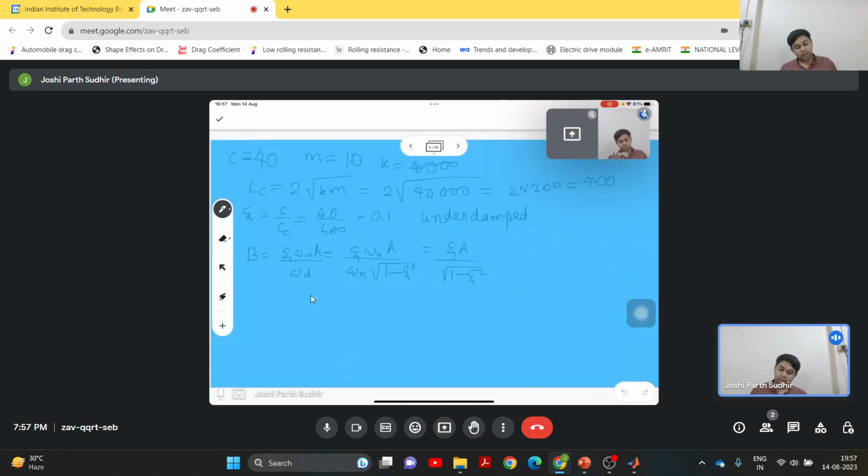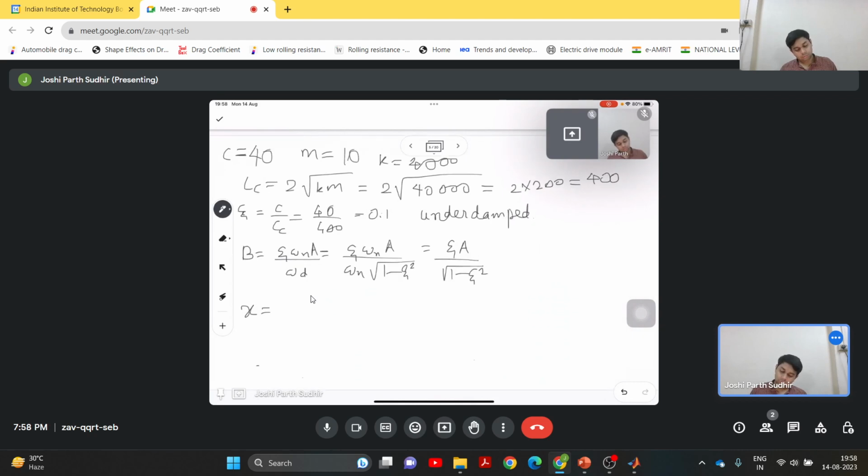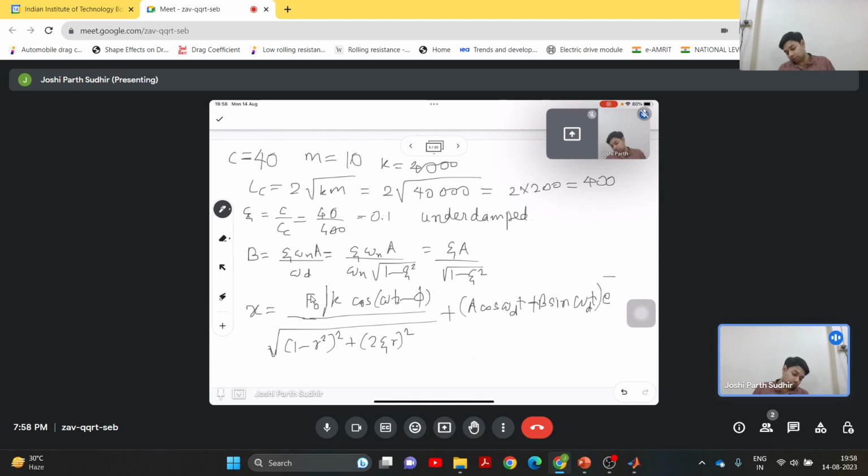So we can write down the total solution as x is F naught by k over the root of 1 minus r square the whole square plus 2 zeta r the whole square, into cos of omega t minus phi, plus A cos omega d t plus B sin omega d t into e to the power minus zeta omega n t.